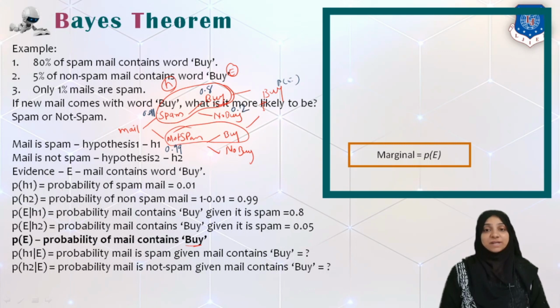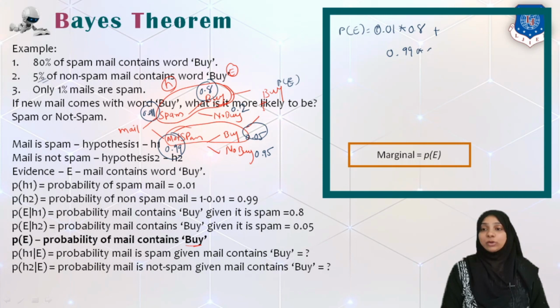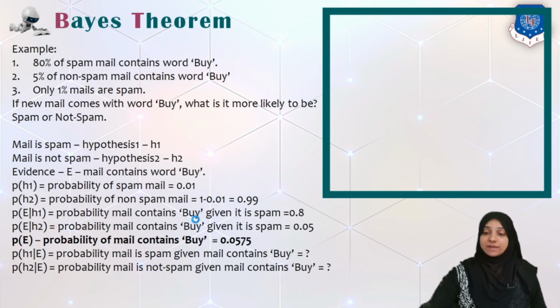Not spam mails which contain "buy" are 0.05, so the remaining will be 0.95. So the probability of E would be 0.01 into 0.8 plus 0.99 into 0.05, and this value turns out to be 0.0575. I leave these calculations up to you.